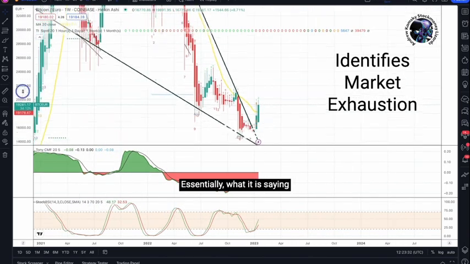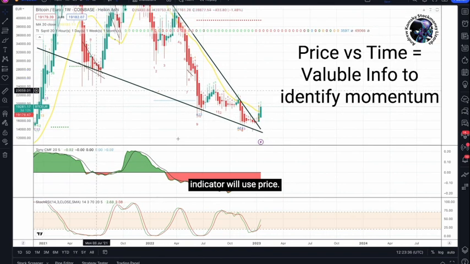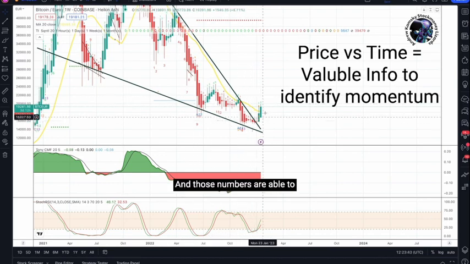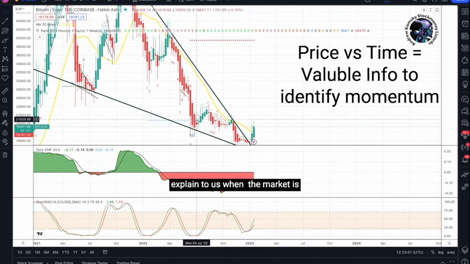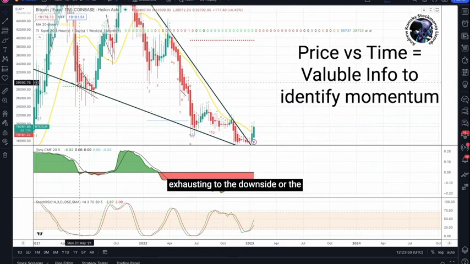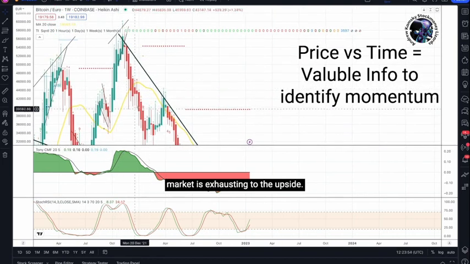Essentially, what it is saying is that the deMark indicator will use price, it will use time to plot these numbers that you are seeing here, and those numbers are able to explain to us when the market is exhausting to the downside or the market is exhausting to the upside.